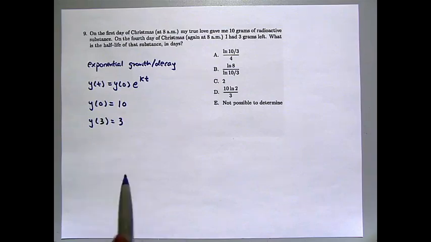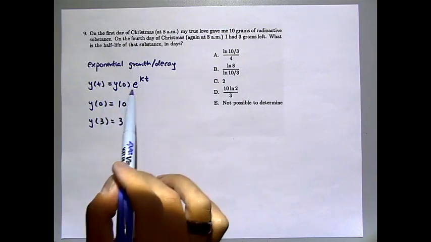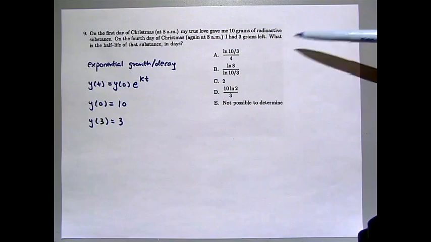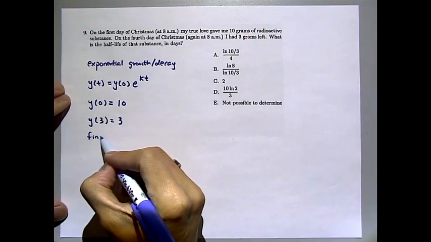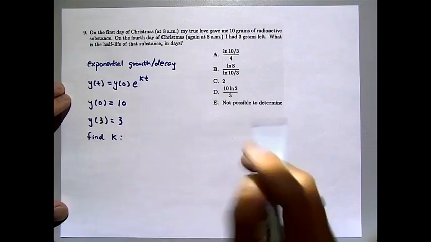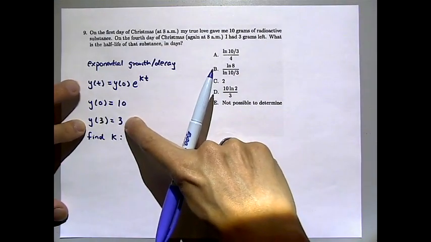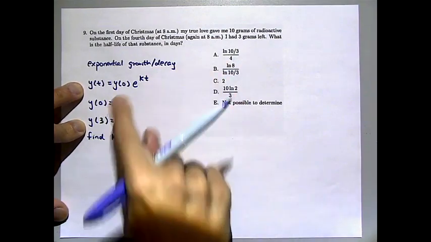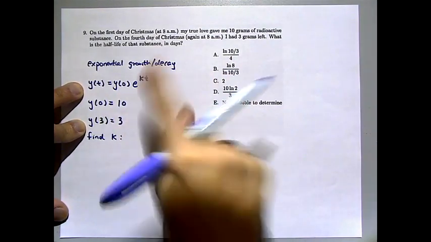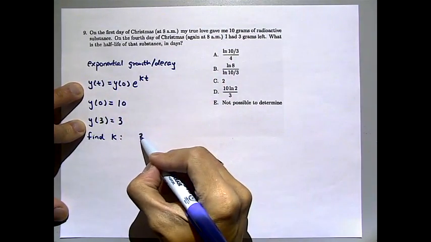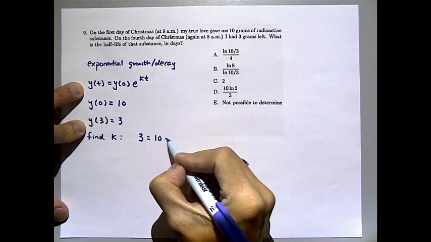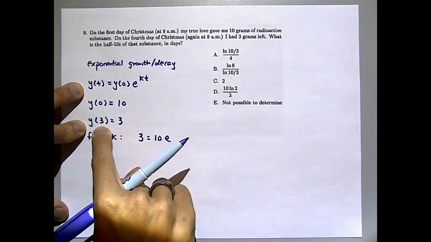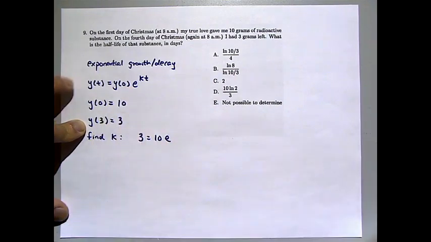Now I need to use the information here to find K. Once I have K, I can deal with the half-life. Okay, so if I use this information in that equation, left-hand side is 3. Initial amount is 10. And this took 3 days to decay.